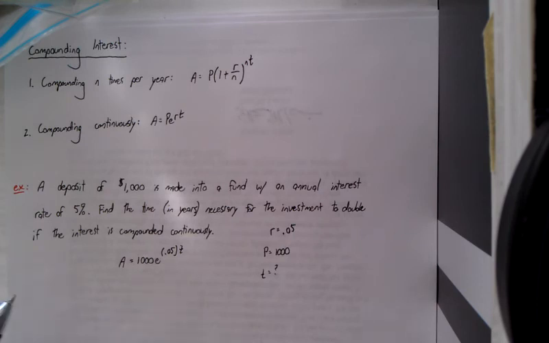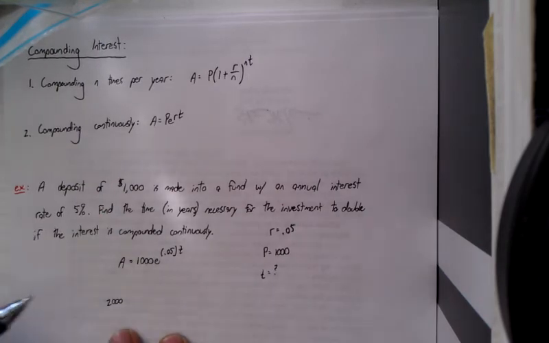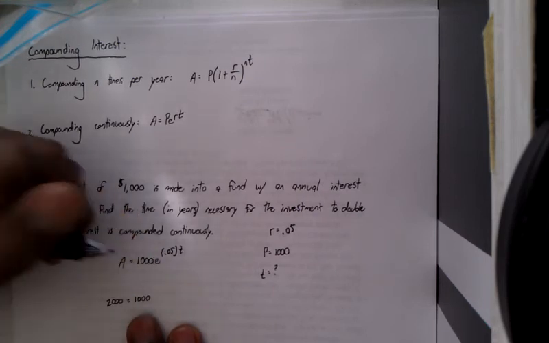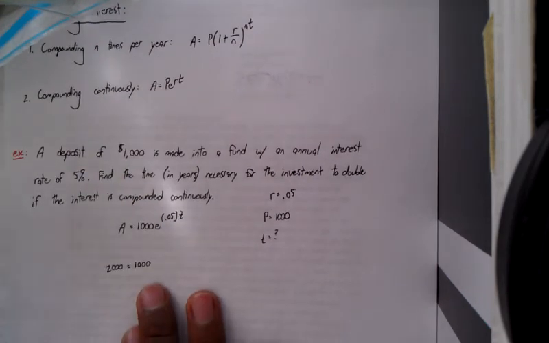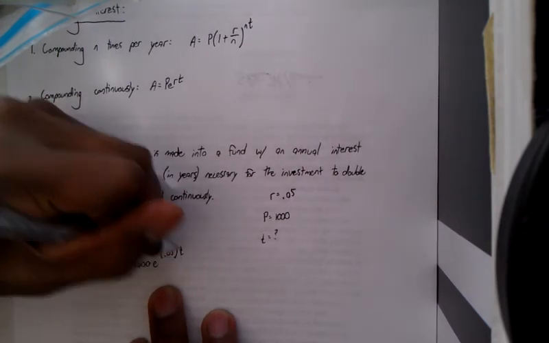We start out with this, and we want to find out what the time in years is necessary for the investment to double. So for 1,000 to double, that would be 2,000, and that would now be our total amount, so 2,000 equals 1,000 e to the 0.05t.